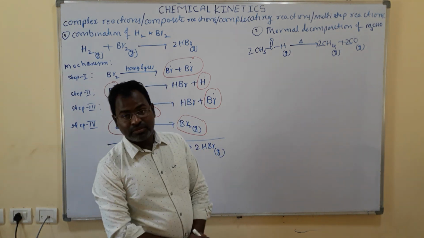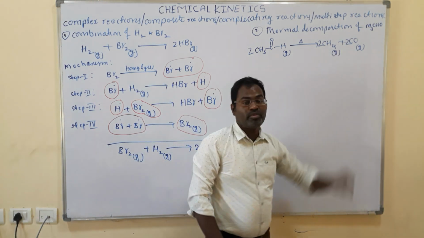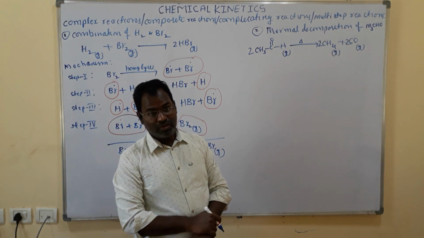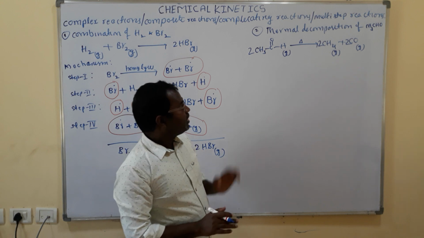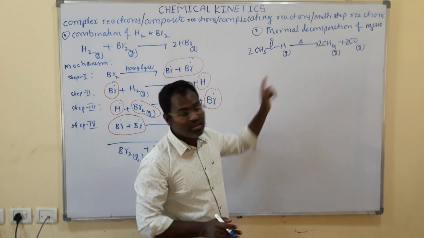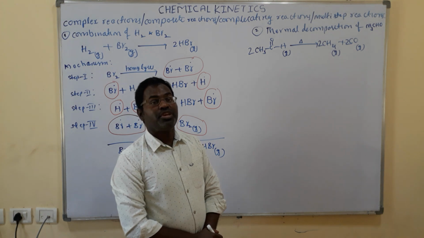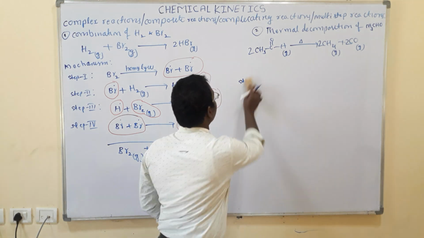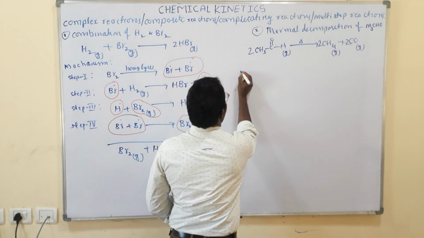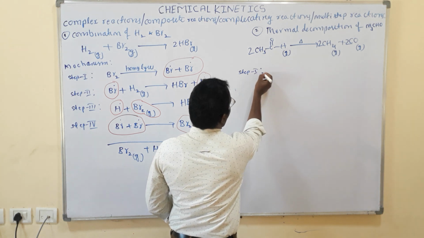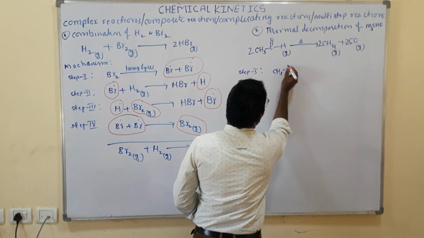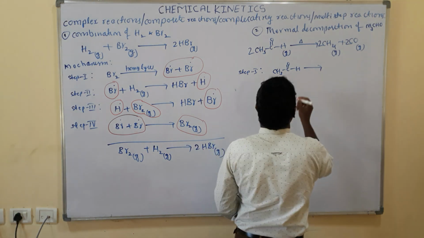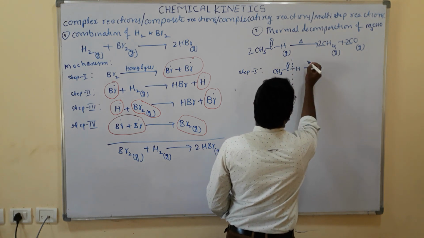If we want to get methane and carbon monoxide, we don't get them directly from acetaldehyde. Initially, 1 mole of acetaldehyde decomposes and gives methyl radicals. In the first step, acetaldehyde undergoes homolytic cleavage.